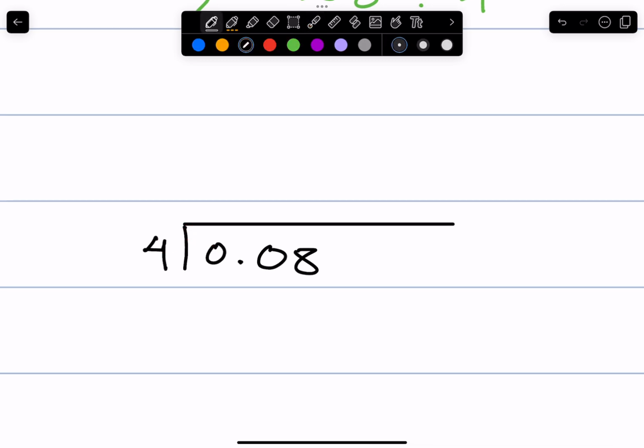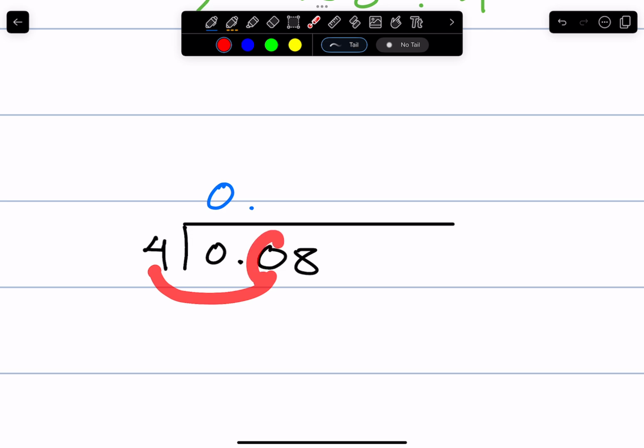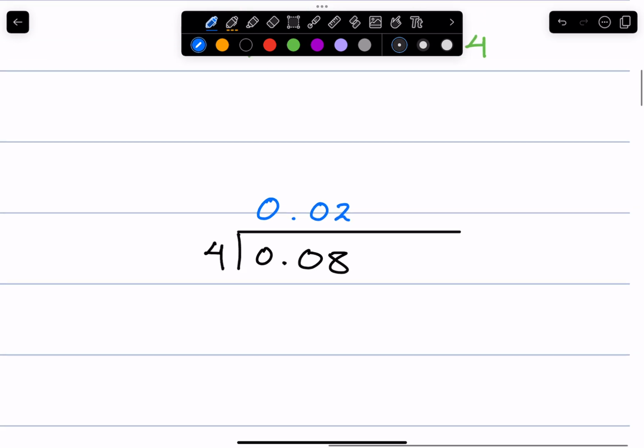4 into 0, well, that's just going to be 0. Copy the decimal. 4 into the next 0 is 0. And then 4 into 8, so how many 4s go into 8? Well, that would be 2.